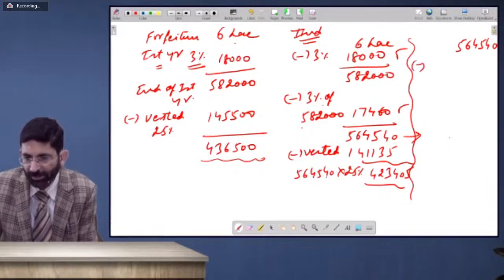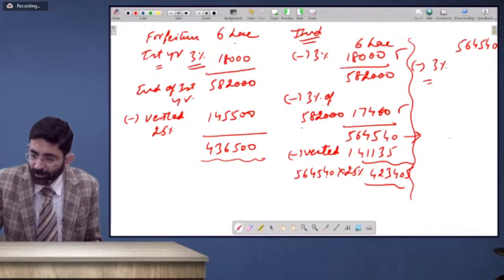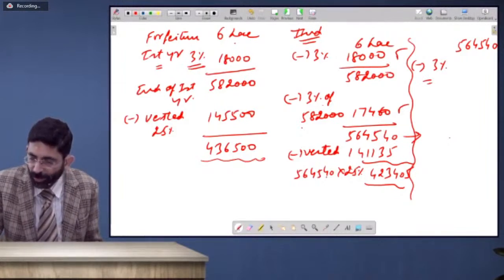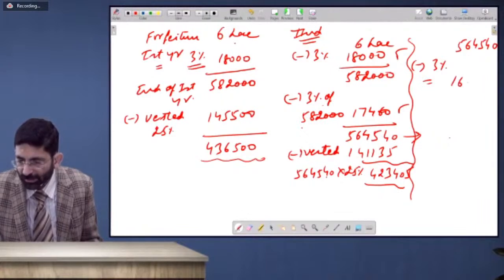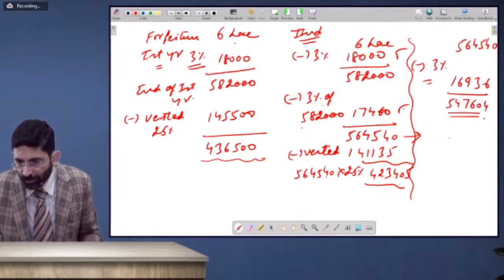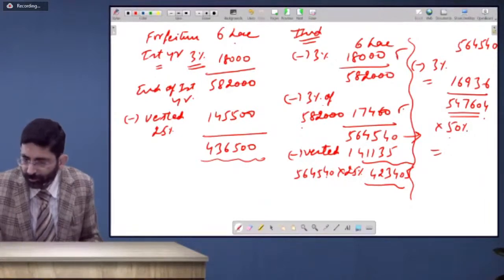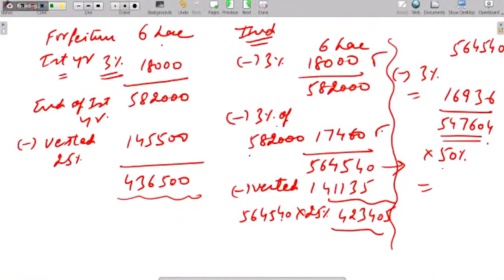We have to deduct a further 3%. 5,64,540 into 3% will be 16,936. So 5,47,604. On that 50% will be acquired. 2,73,802.